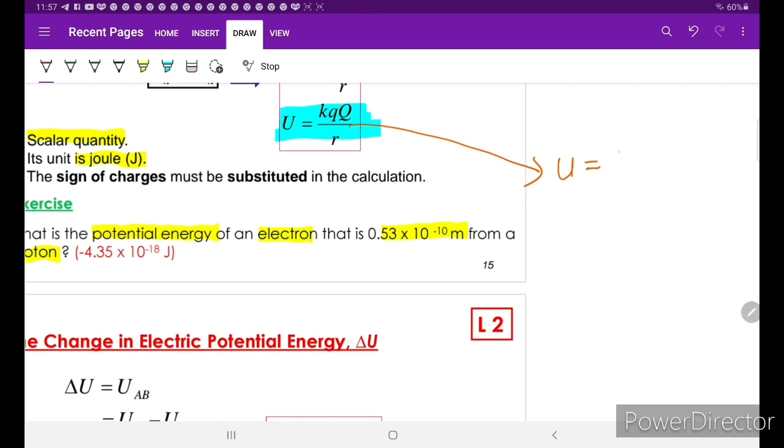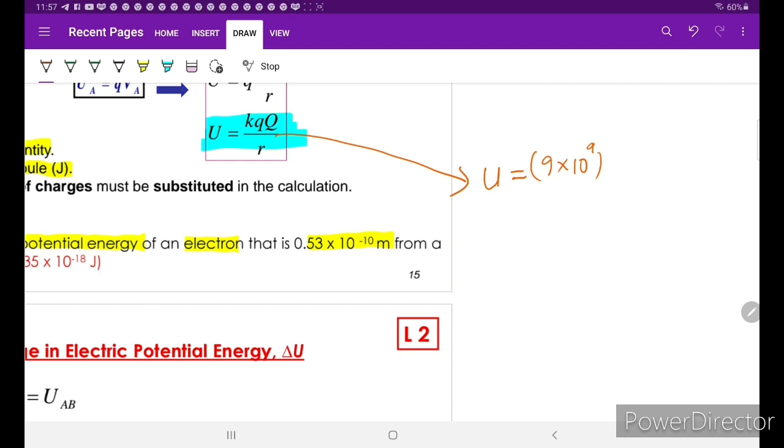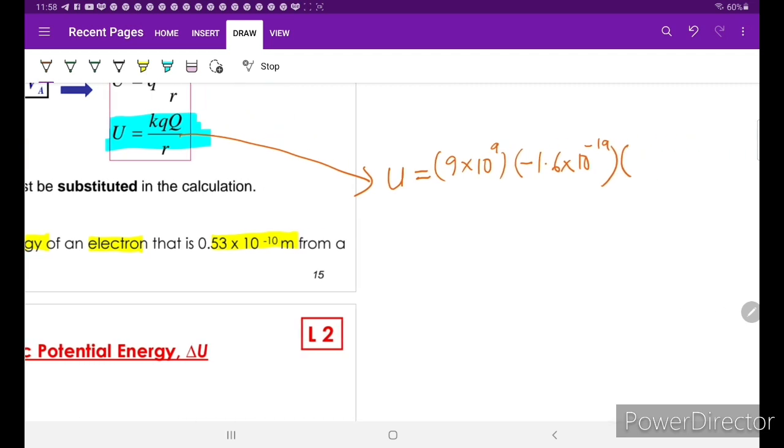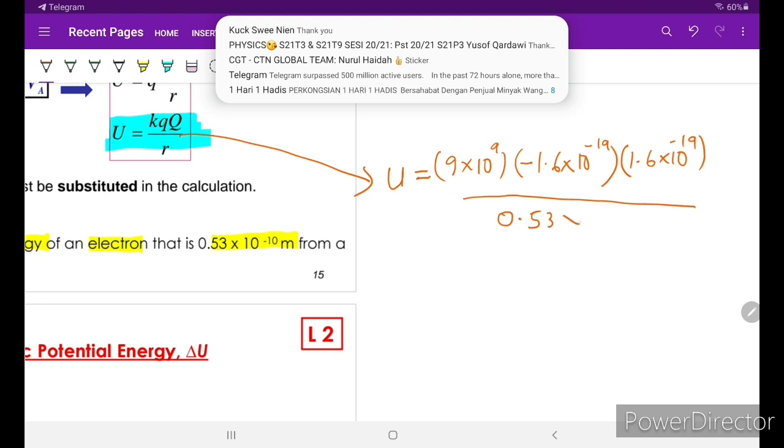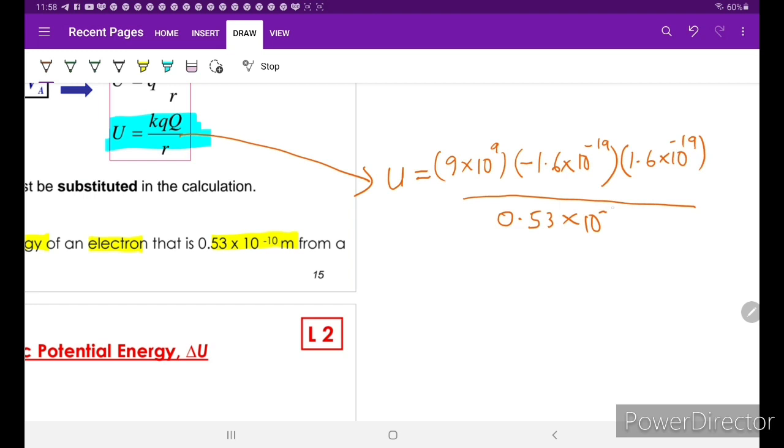If we refer to the constant value, it is 9 × 10^9. The small charge q is an electron, which has negative 1.6 × 10^-19, multiplied by capital Q, which is a positive charge with the same magnitude but a positive sign, 1.6 × 10^-19, over R, the distance between the two charges, electron and proton, which is 0.53 × 10^-10.